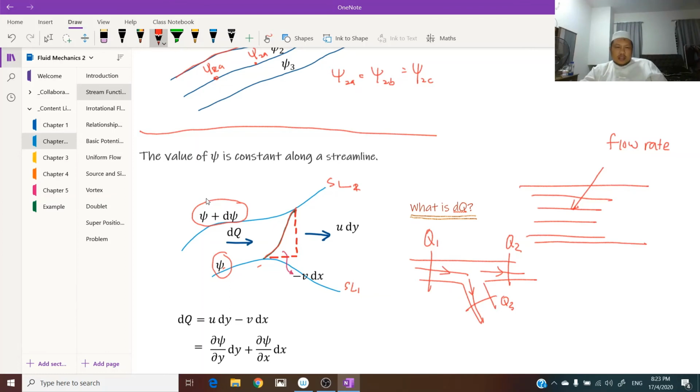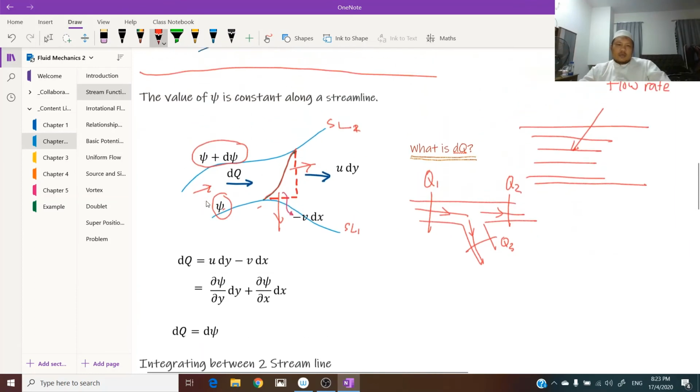Similarly in this case, it goes out this way and also goes out this way, and then comes in from this one. So if we do that, dq is u multiplied by the area. Per unit depth, we write dq equals u dy, which is the flow rate in this area, minus v dx, which is the flow rate in this area.